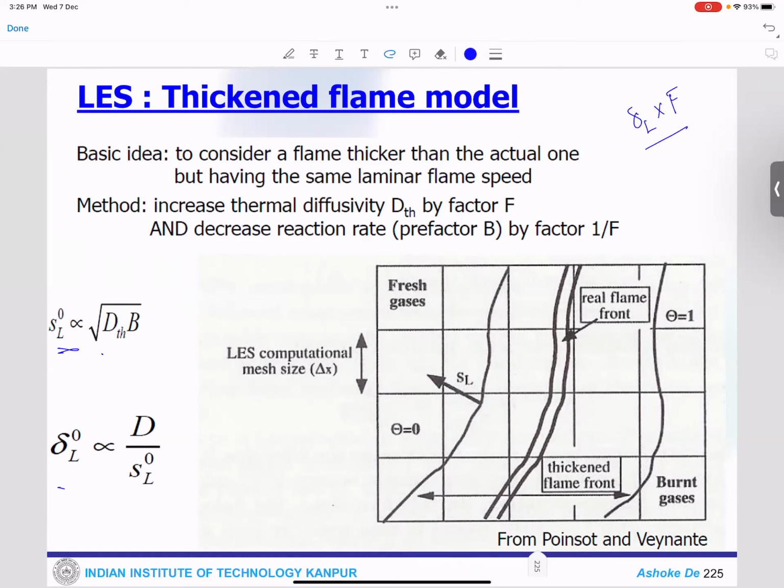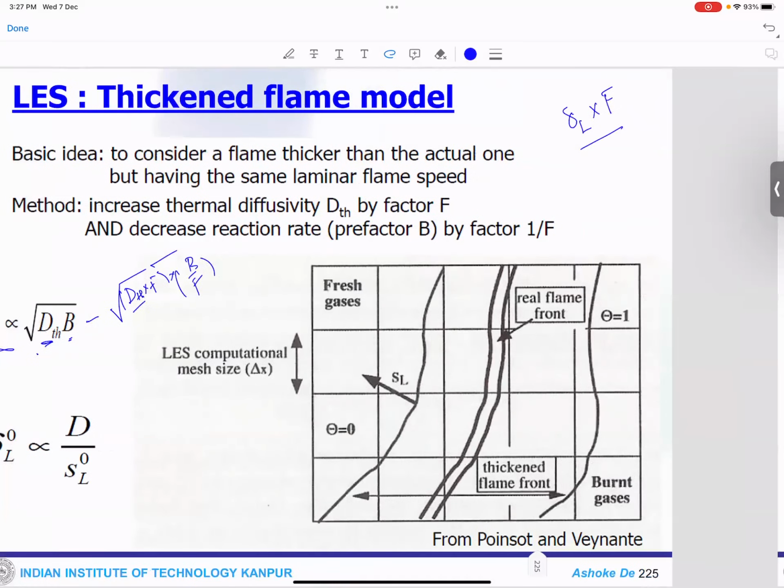The answer is no. The way we do it is that you multiply the diffusivity by a factor F, and at the same time you reduce the reaction rate by the same factor F, as a prefactor. So the laminar flame speed is not getting changed.